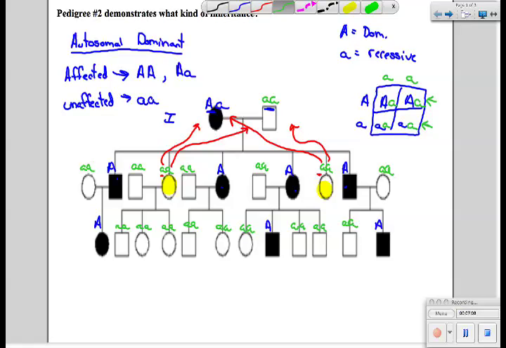Now, because these affected children got that affected allele from the affected mother right here, the other allele must have come from Dad. Dad only had little a to give, so each of these children must also have a little a.